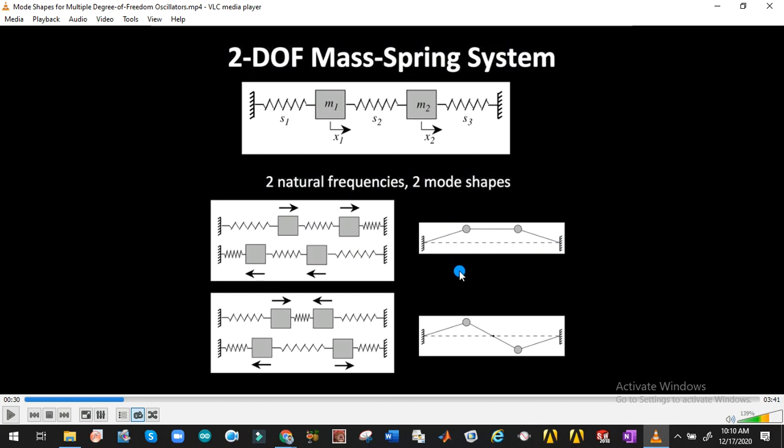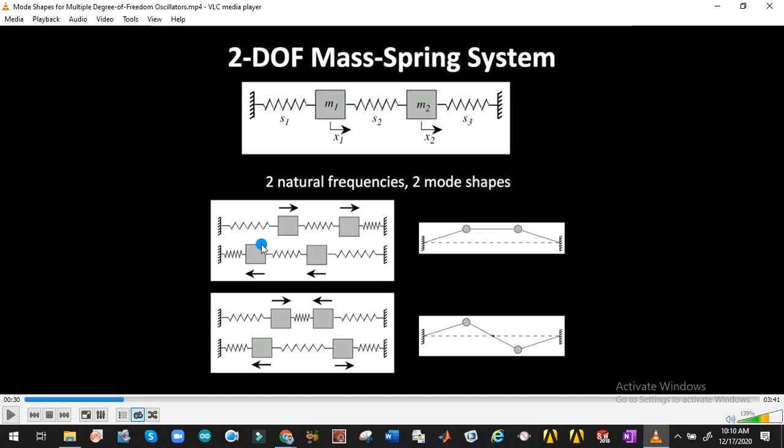So for example, if this mass is at a maximum displacement of 5 meter, and this mass is at a displacement of 5 meter as well, I will draw a maximum displacement of 5 meter and 5 meter, and this is a possible type of mode shape.